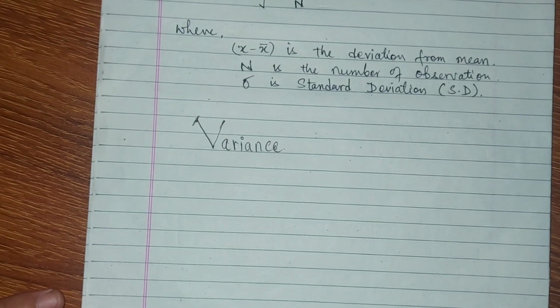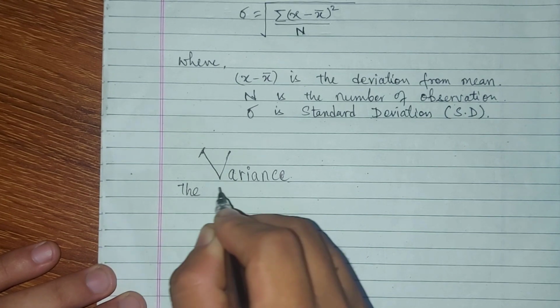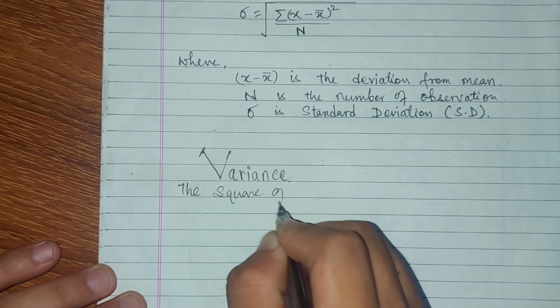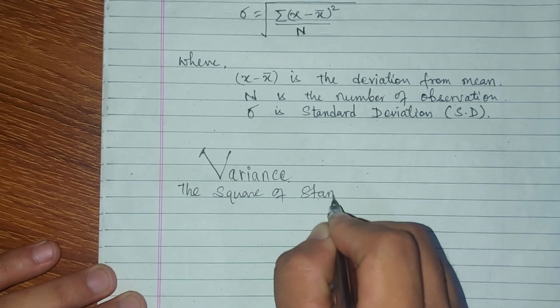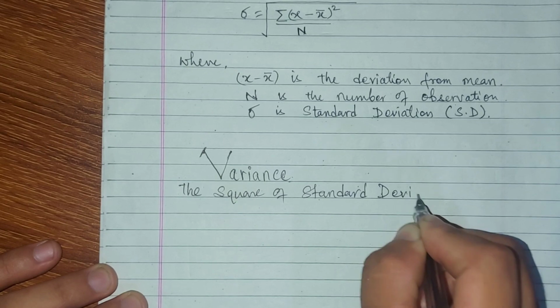Variance. अब हामीले पढ्छ variance. Variance is simply the square of standard deviation.